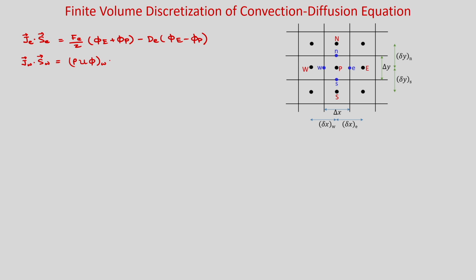Okay. Now, if you make the dot product of J_w with S_w, J_w is rho u phi_w minus gamma grad phi at w, okay, and S_w is minus A_w i.